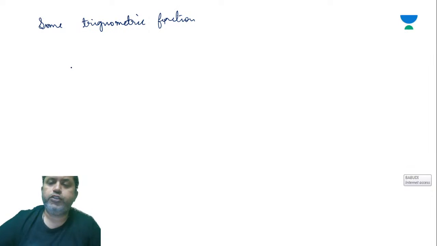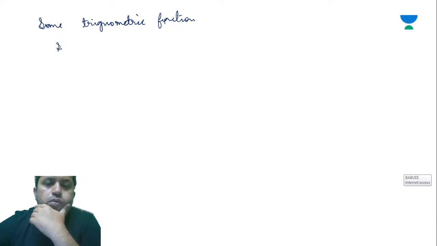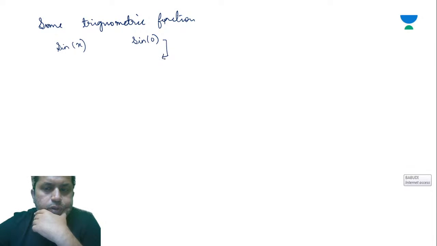What are trigonometric functions? See here. We have seen sin x. For example, sine of 0. Hit enter. Answer equal to 0.